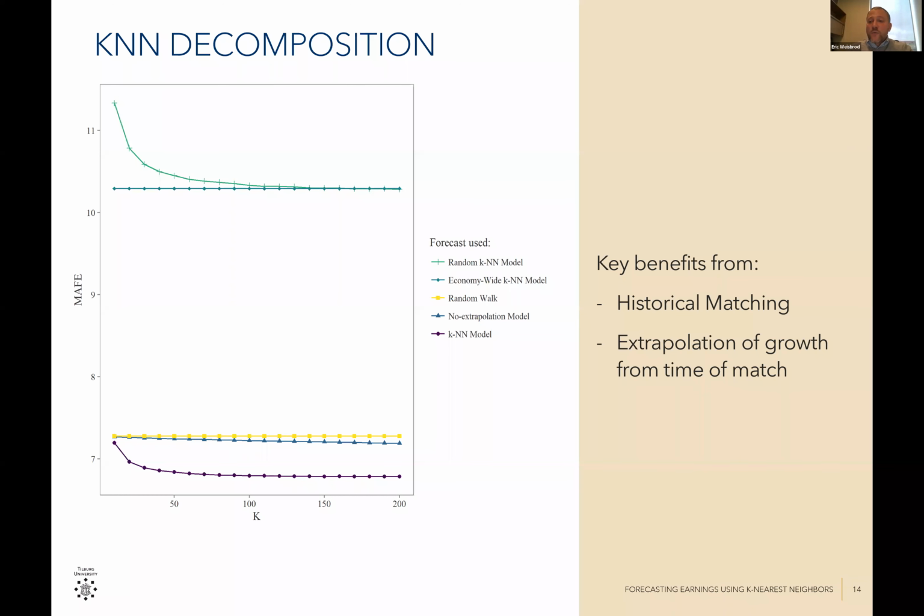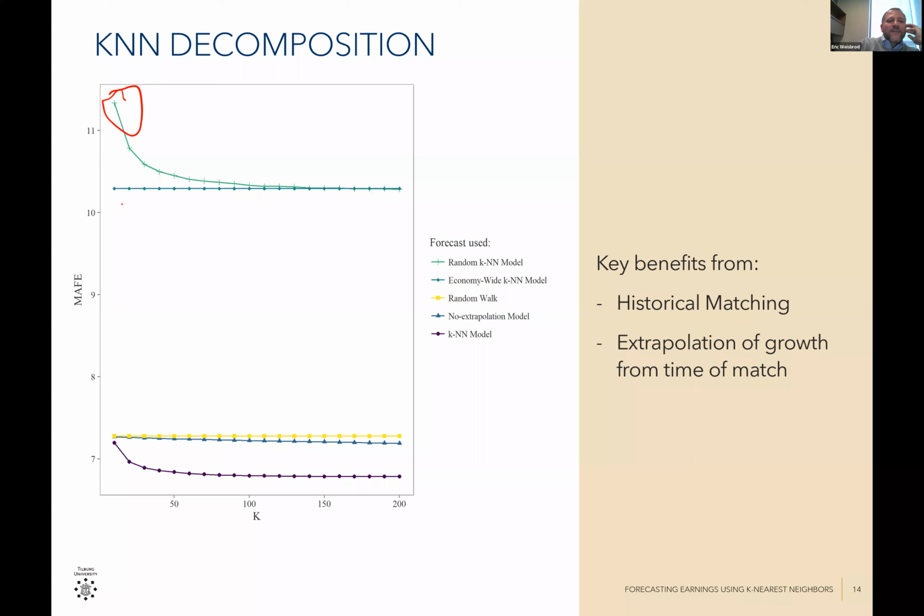I've been focusing on 1 year ahead, but we also do it with 2 year and 3 year ahead and find that it works well also. Instead of matching on an actual feature like earnings, what if we just picked random other firms, say 100 random firms? How well do you do? That's this green line up here, and you don't get a very good forecast, obviously.